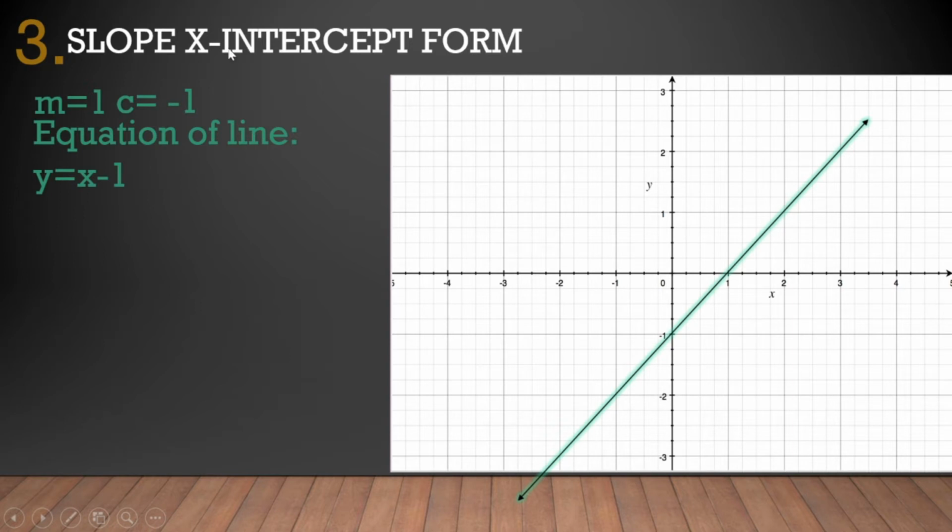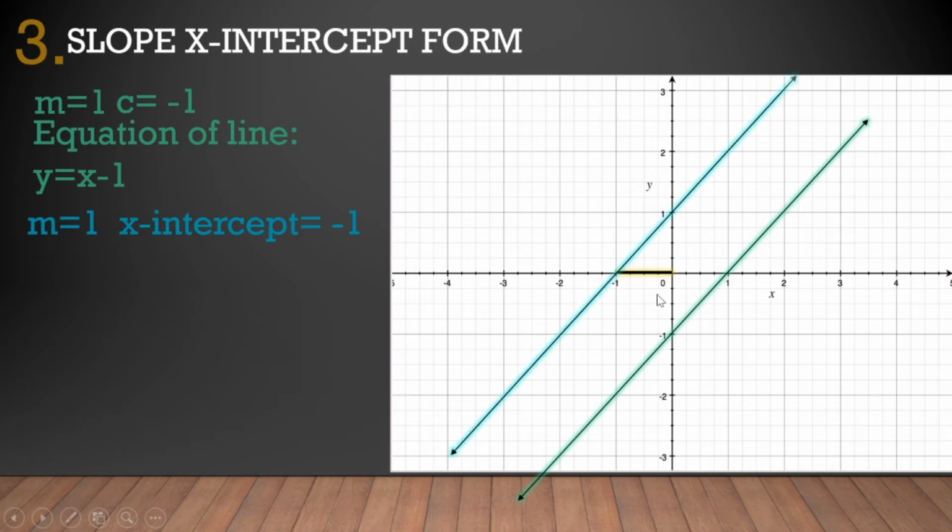But what if instead of the y-intercept you have been given the x-intercept? Say the x-intercept is -1. That means this is -1. So will the equation be the same? No. If any line has this x-intercept and the slope is 1, the line is actually this.